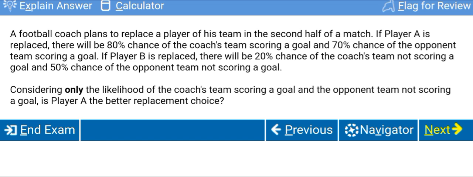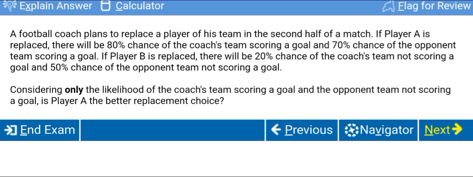If player B is replaced, there will be a 20% chance of the coach's team not scoring a goal and a 50% chance of the opponent team not scoring a goal.